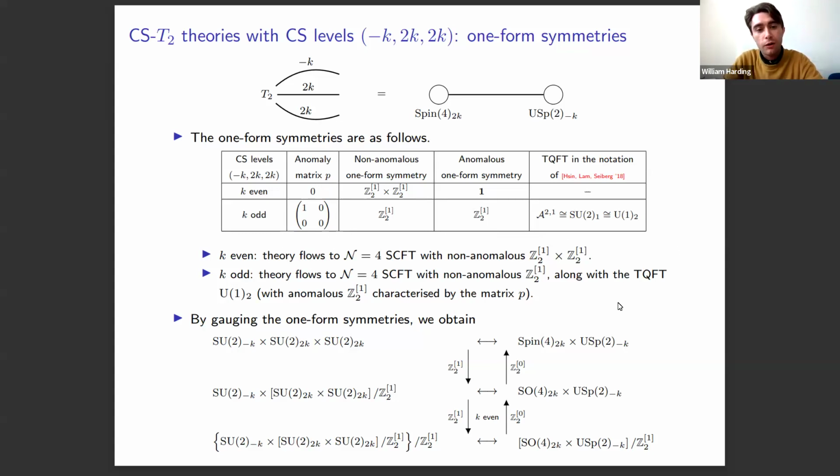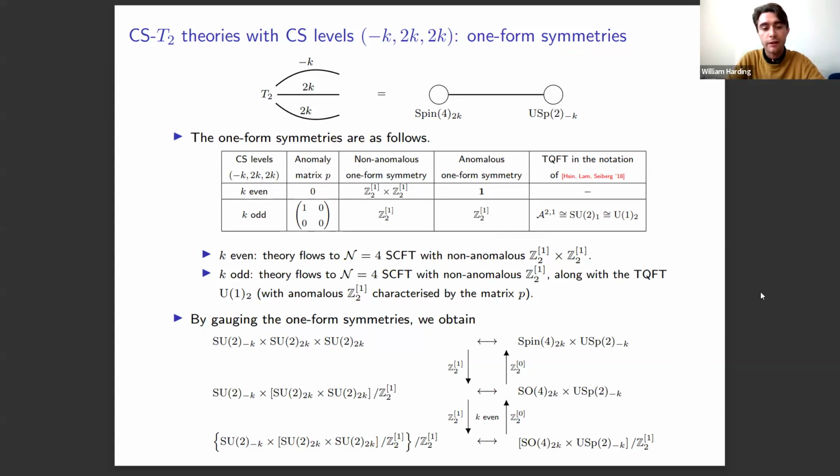Okay, so now we know which one-form symmetries are anomalous and which are non-anomalous. If they are non-anomalous, we can gauge them. And in doing so, we obtain the diagram which I sketched here. So we can start from the first line of this diagram, which we already know. So here I reported the gauge groups of the theories.